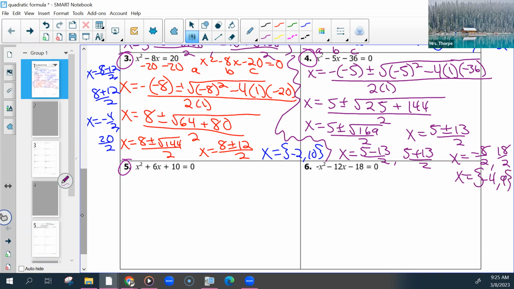So you simplify the answers more. That's it. The ones that you get whole numbers, that means those probably could have been factored, but we're not solving by factoring.